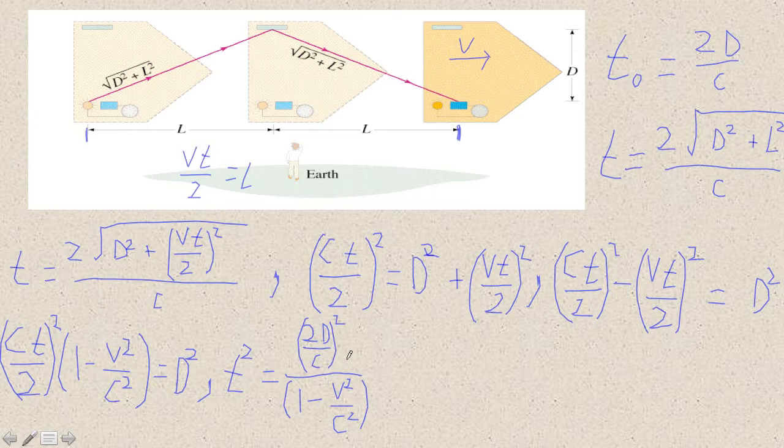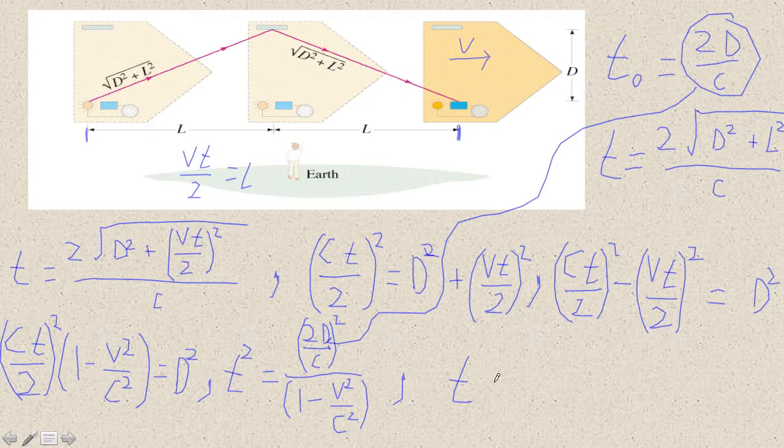So if I square root both sides, and I substitute this guy in for that, I get, this is a great moment in physics, the dilated time equals, well, this is the proper time, right?